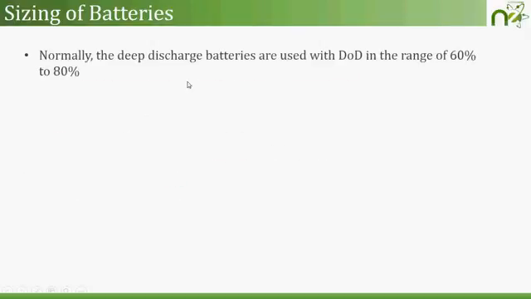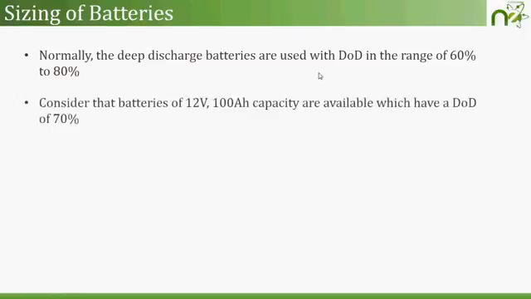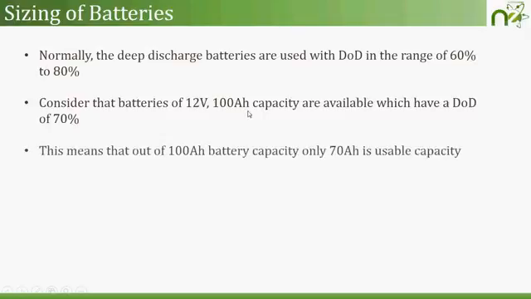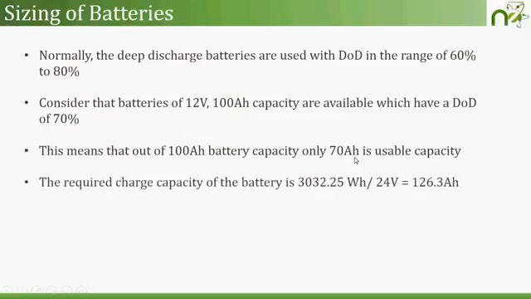I already told you about depth of discharge, which normally is in the range of 60 to 80%, but in our case we will consider 70% as an average, and we will consider a 12 volt 100 ampere hour capacity. This means that if my depth of discharge is 70%, then 70% of 100 ampere hours, which is 70 ampere hours, is the only usable capacity that you can use and consume the energy from.